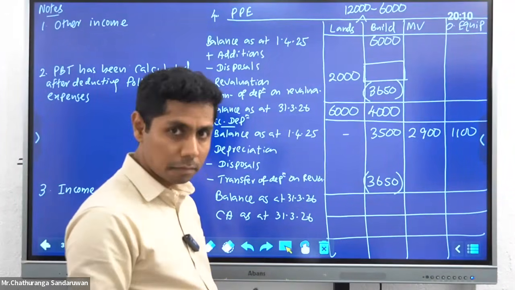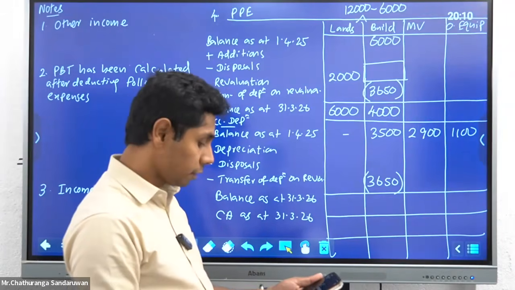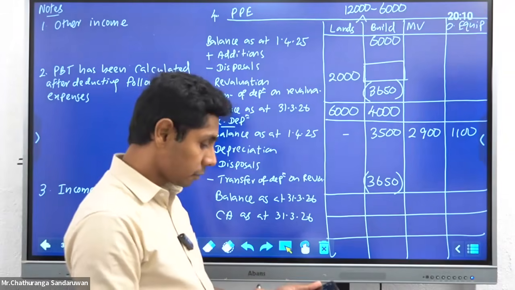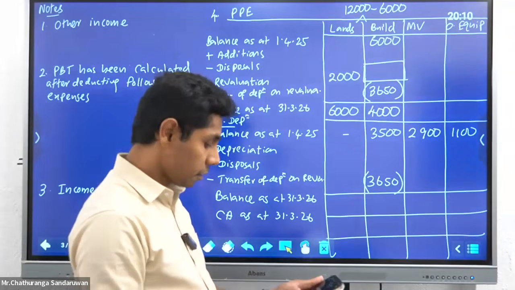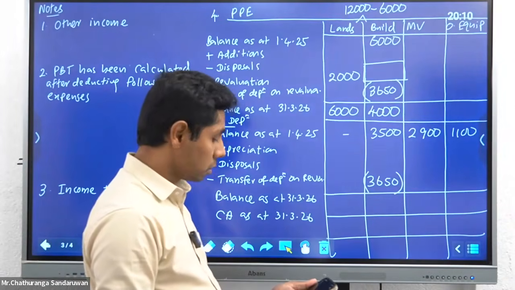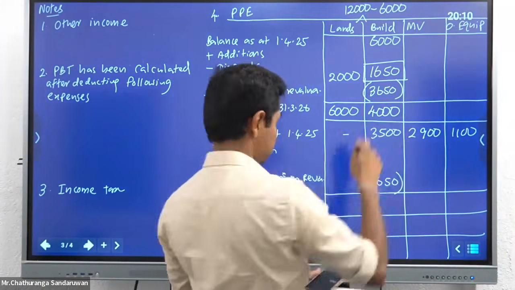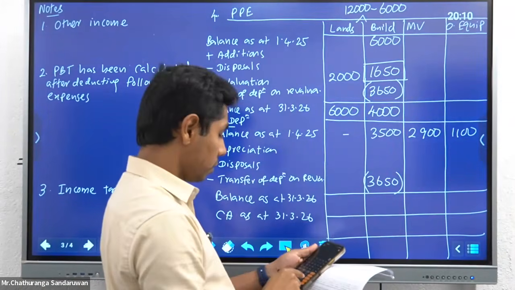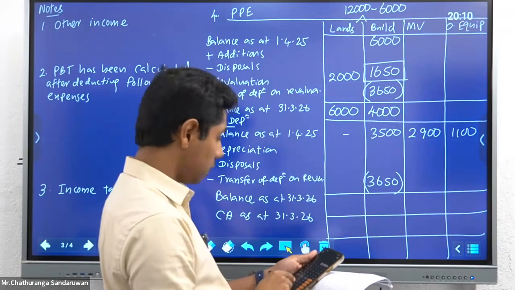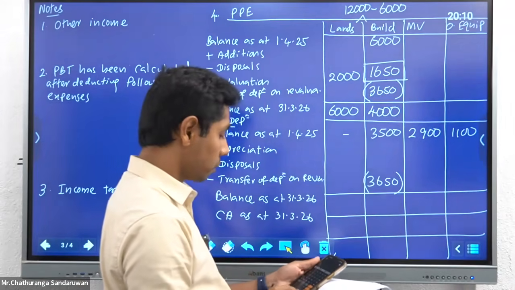You know the way to get the balancing figure, right? So plus 3,650 minus 6,000, we get 1,650. You check your answer: 6,000 plus 1,650 minus 3,650, it's 4,000.